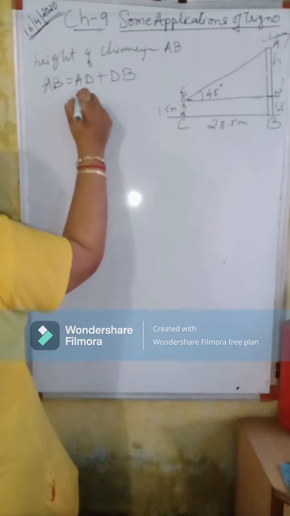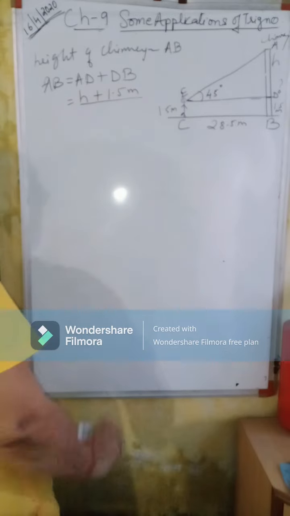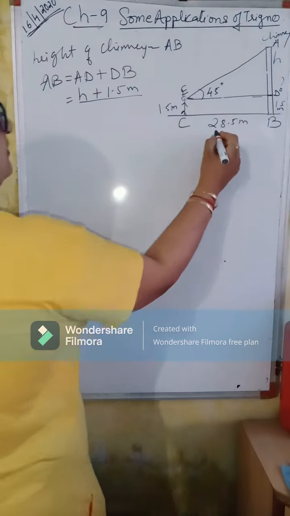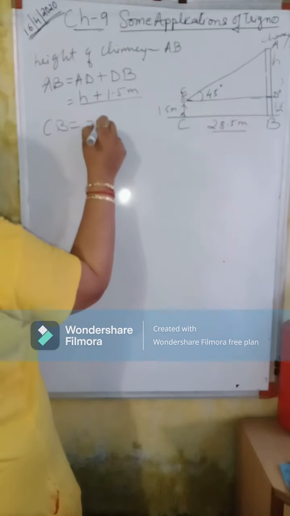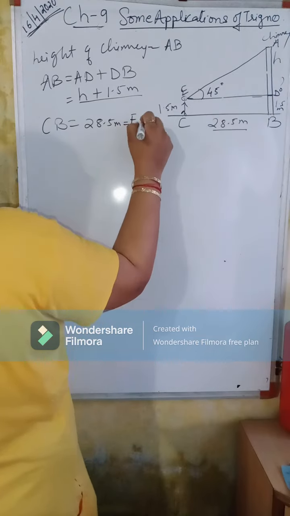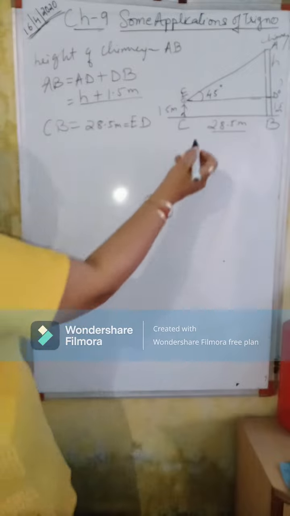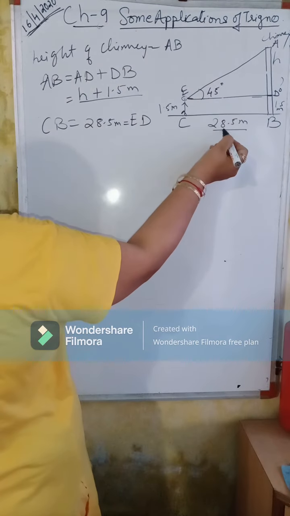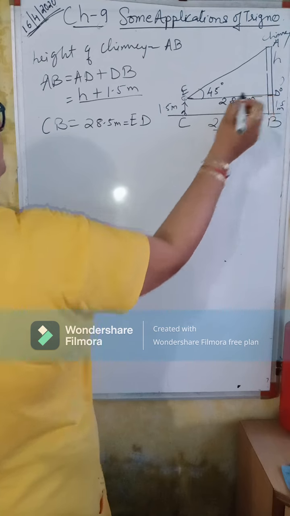AD is H plus 1.5 m. This is the height of the chimney. Now, CB is equal to 28.5 meters, and ED is also the same, 28.5 meters. I have the adjacent side, and I have to find the opposite.